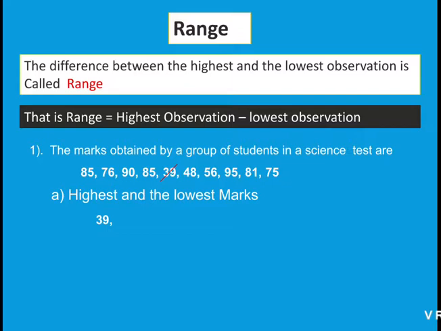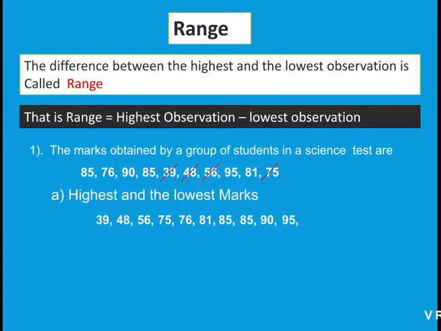So we start with 39, then 48. You can see the screen how we will arrange it. Then 56. Okay, after that you can see which is the next number: 75, 76, 81, 85, then again 85. Two 85s are there. After that 90 and 95.